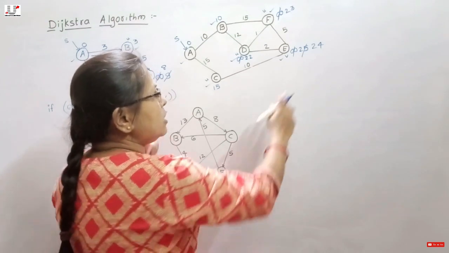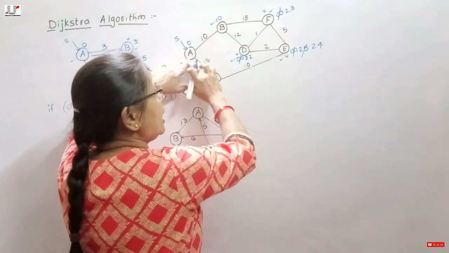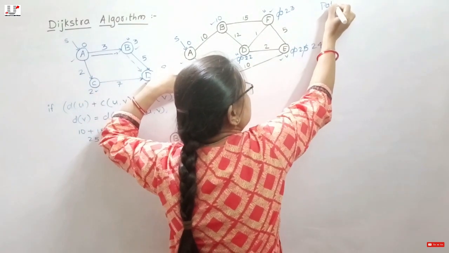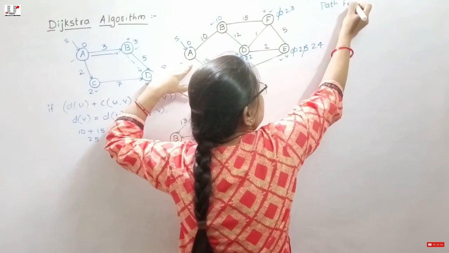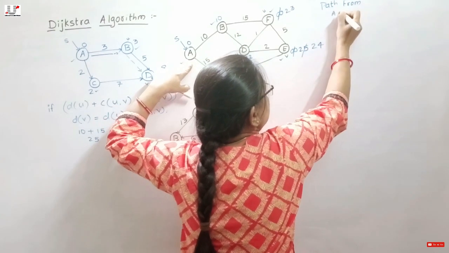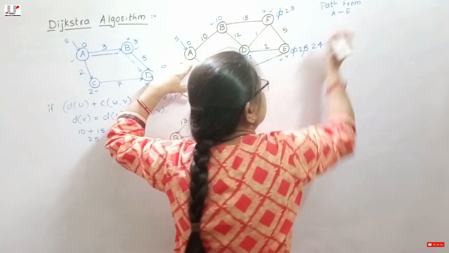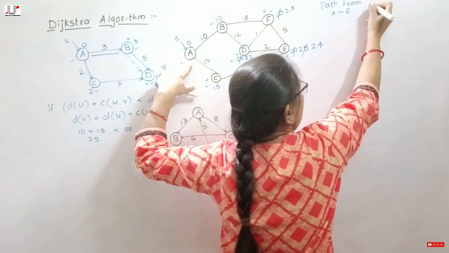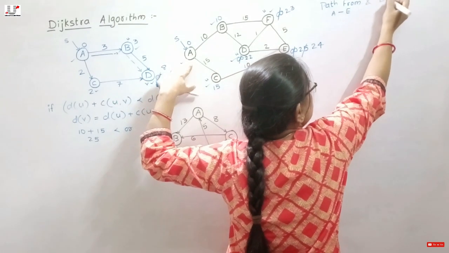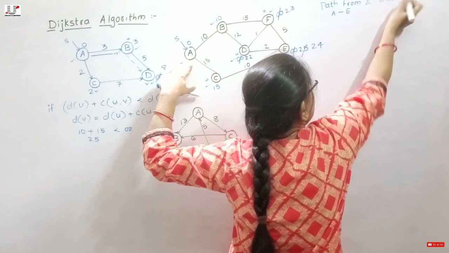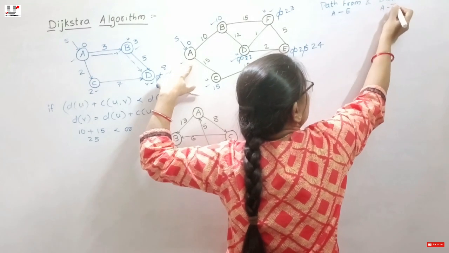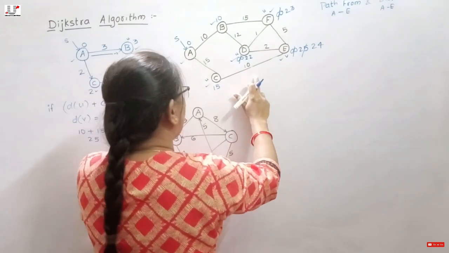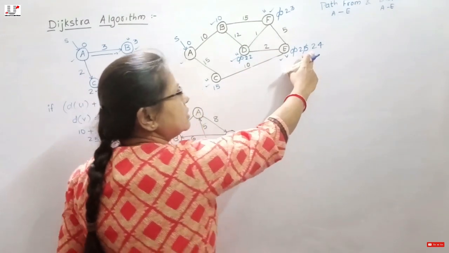Now check the path from A to E. We have to find out the path from A to E as well as the shortest distance from A to E. As the graph, we have updated all the distances.